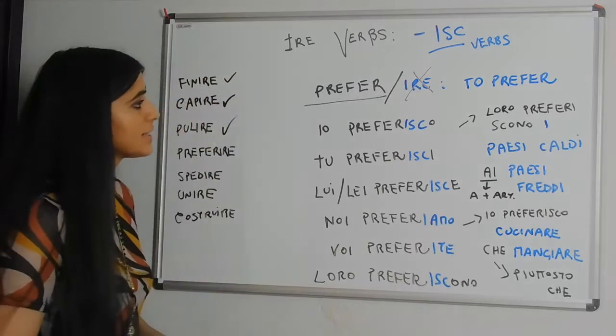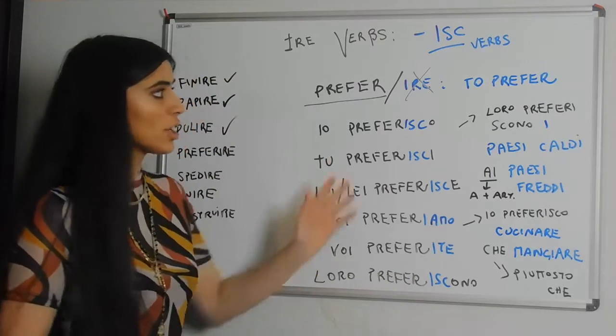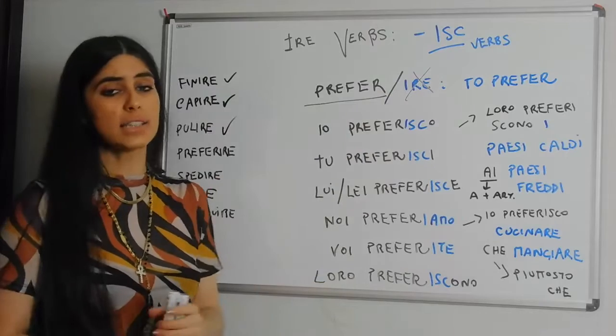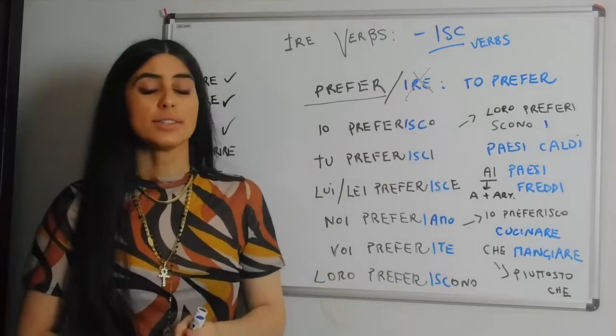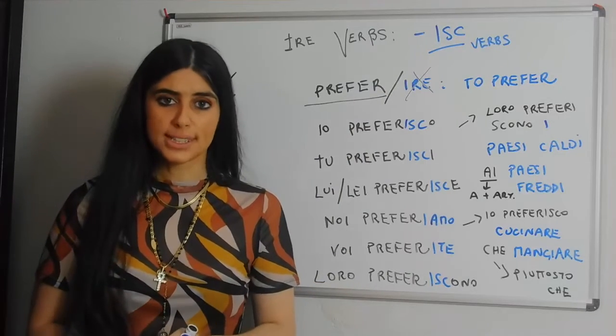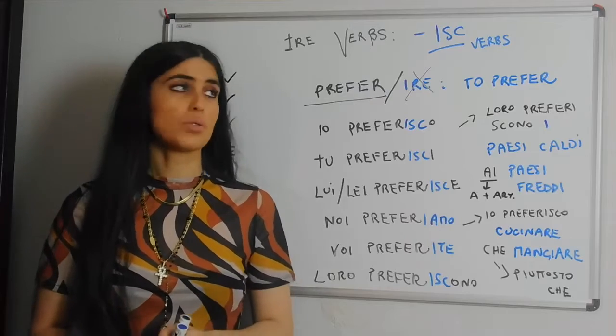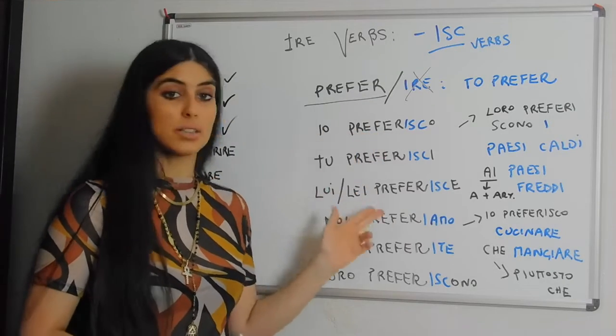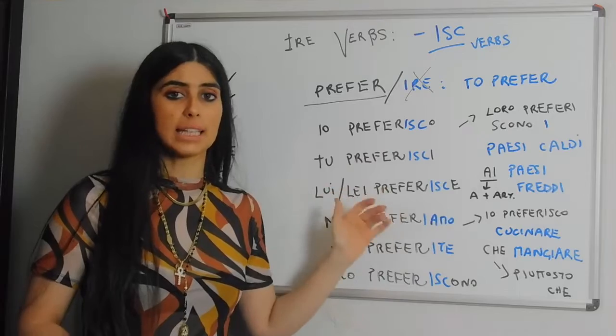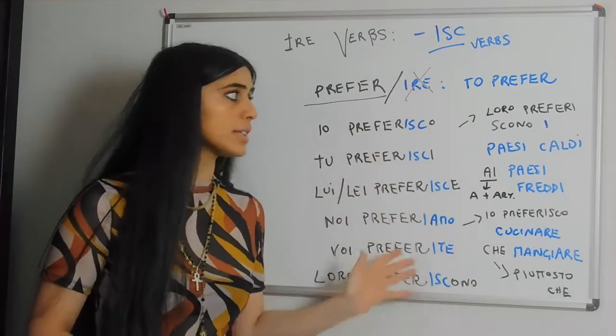So guys, that is the conjugation. Those are the examples. As usual, write this down. Record yourself. Take some pauses in between, for instance, the subject and the verb as it is conjugated for each person.